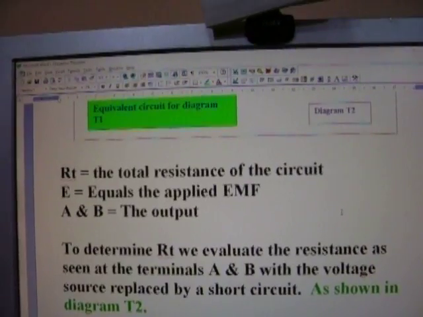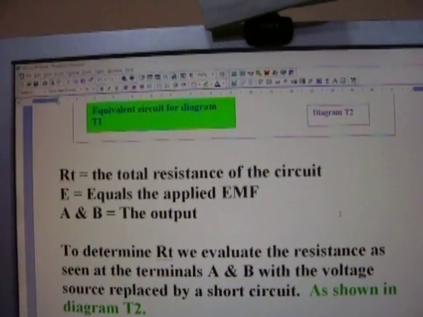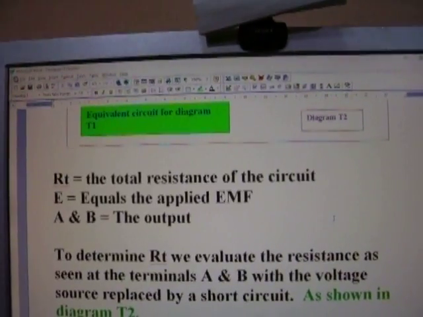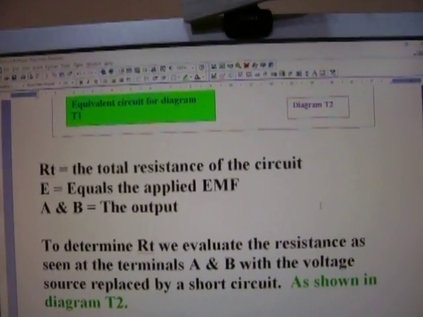Now we have here RT equals total resistance of the circuit, E equals the applied EMF, A and B the output.